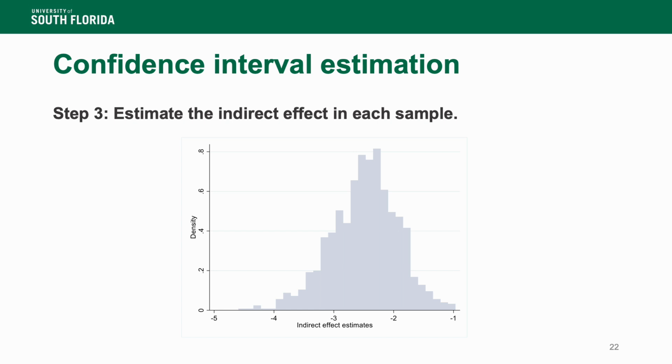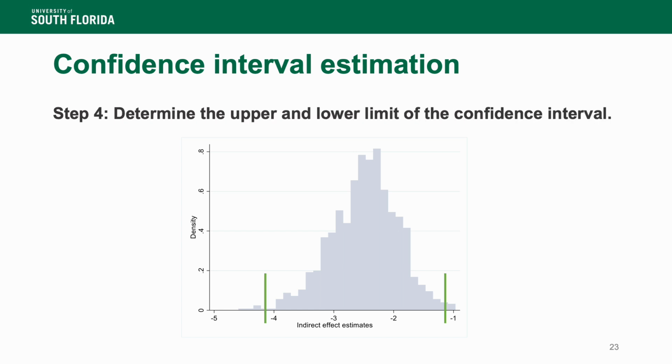But just to visualize what it could look like, here we have an example of that distribution of indirect effect estimates. In the fourth step, we determine the upper and lower limit of the confidence interval based on that 2.5th percentile and that 97.5th percentile of the distribution of indirect effect estimates across all those new samples that we generated.